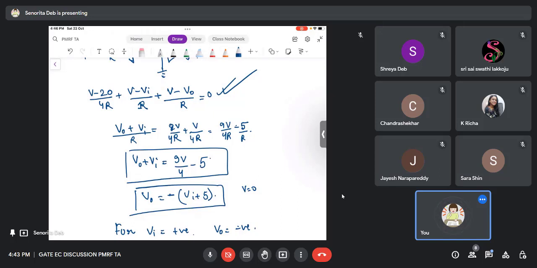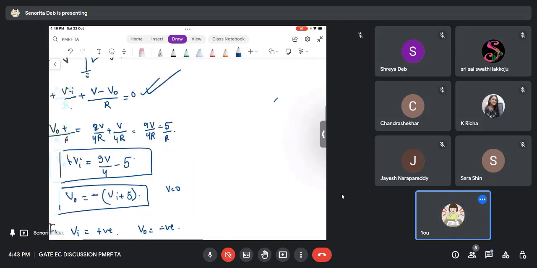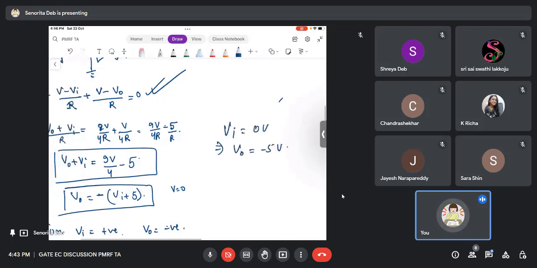Okay. So now when Vi is 0 volts, V0 will be minus 5 volts. Great. When Vi is minus 5 volts, V0 will be 0 volts. Great. And when Vi is all positive voltages, what will be V0?